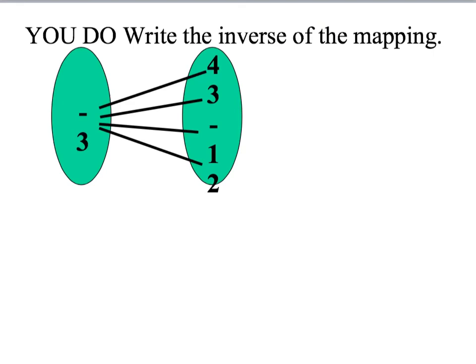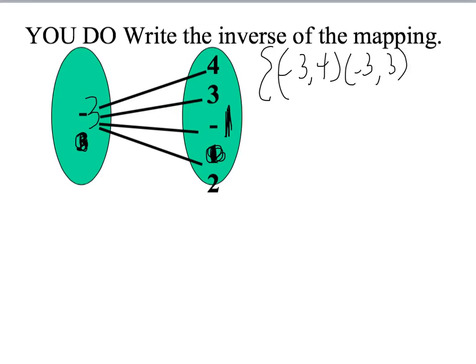Try this one for a moment. I want you to write the inverse of this mapping. If you look on your paper, you can see it a little bit better. This -1 should be up here, this 2, and then this is a -3. If we want to write the original first, I would have (-3, 4), (-3, 3), (-3, -1), and (-3, 2).